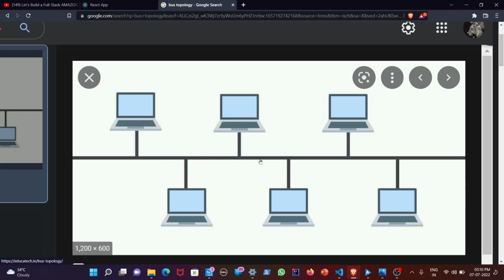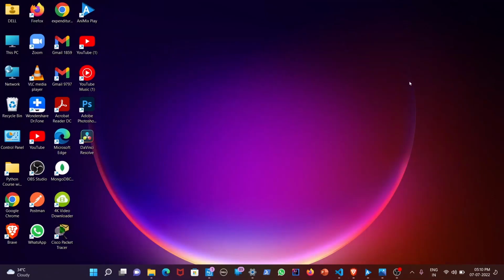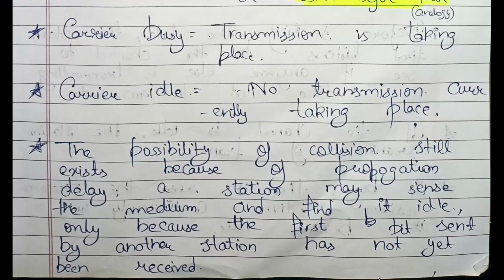So here the collision will take place and both of the data frames are going to be destroyed. So this is what this point basically means: the possibility of collision still exists, even when you are sensing whether the channel is free or not.